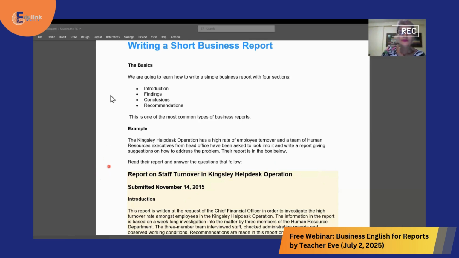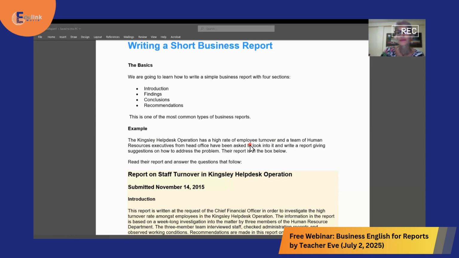Have a look through, try and read it if you've got the document, because it's about a problem that the company has. They have a high rate of employee turnover, so staff do not stay with them. Okay, employee turnover: staff come, work for a month or two, leave.